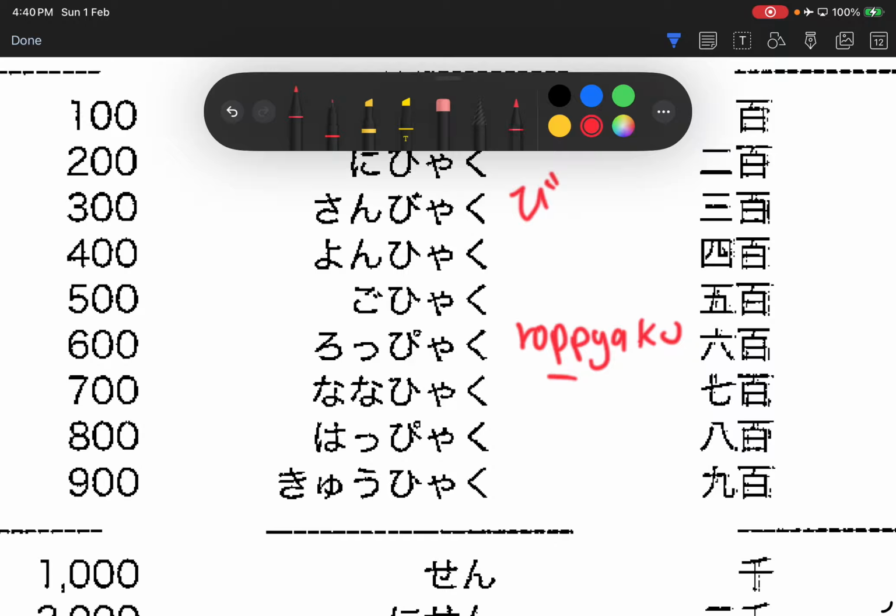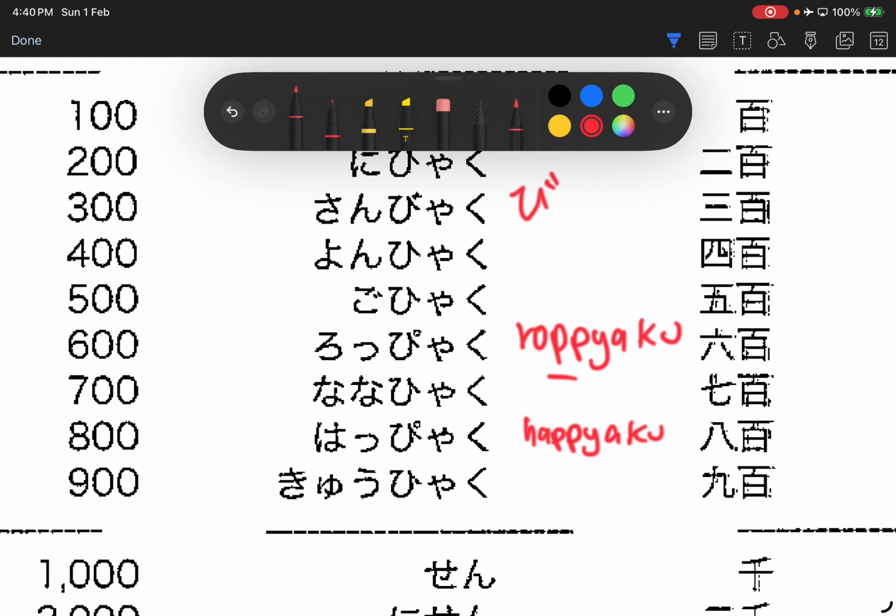Okay, 700, 800. Right, so 800, same thing. It becomes HAPPYAKU, right? Happy yaku.